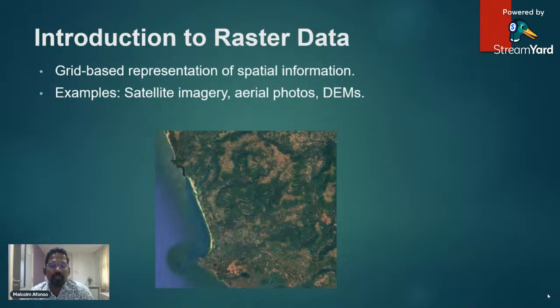Similarly, rasters can be used to represent other kinds of data, like for example, heat maps. And nowadays, more and more use cases are happening in the drone sector, where drones can be used to generate very high resolution data in real time. This is a field where even my interests are.